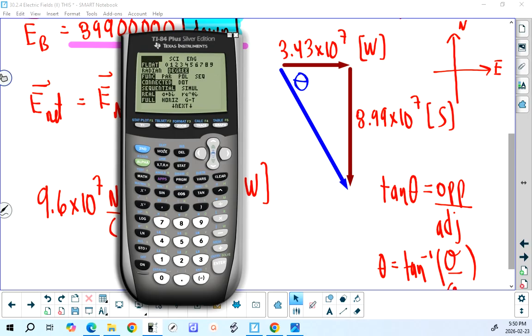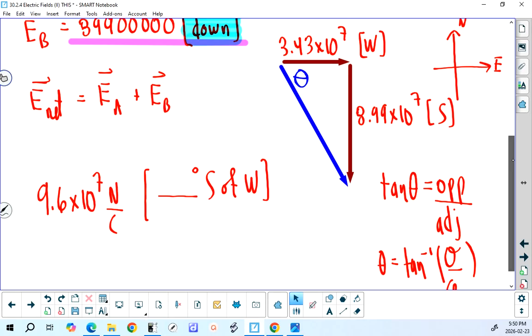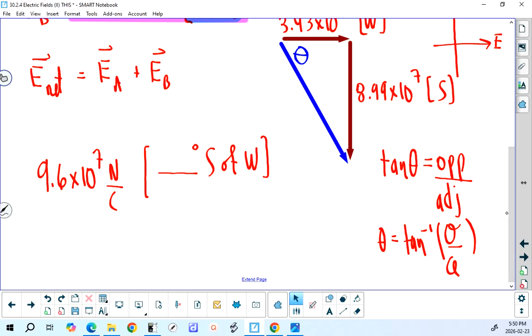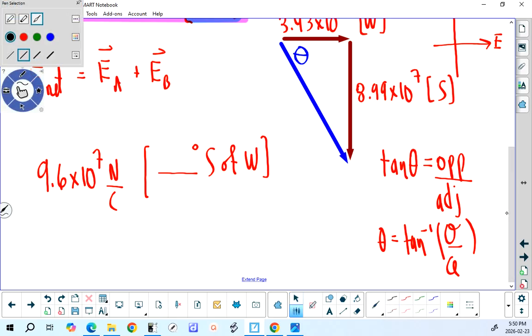I might not be. No, I am. So about 69 degrees south of west. And that's all she wrote, 9.6 times 10 to the 7 newtons per coulomb at an angle of 69 degrees south of west.